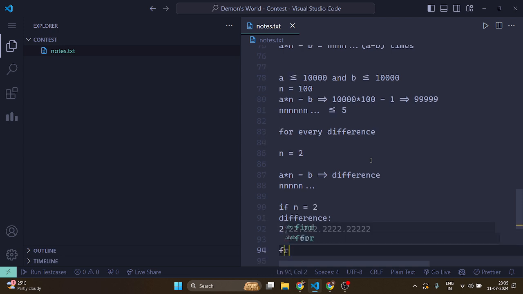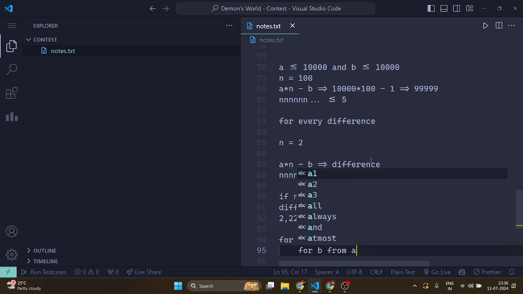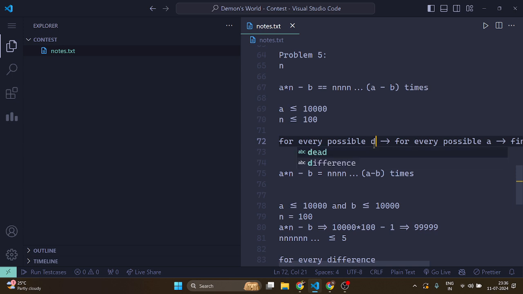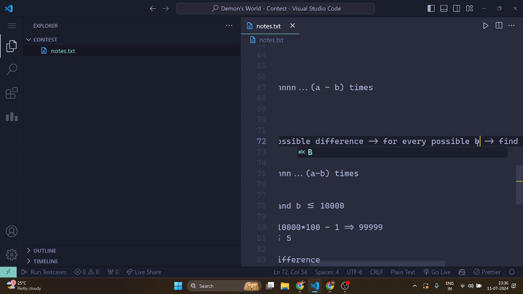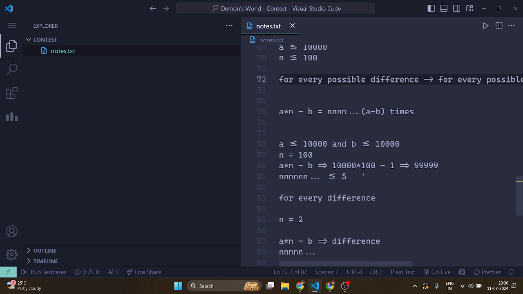Now for each potential difference, what I'd like to do is, for every possible difference and for every possible b from 1 to 10,000, I find potential values of a. You can go both ways, that's not a problem.